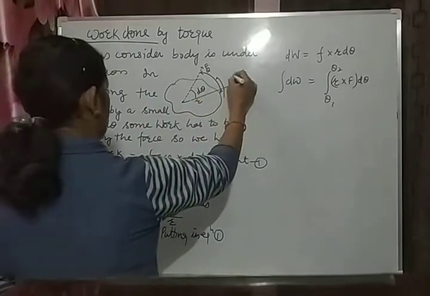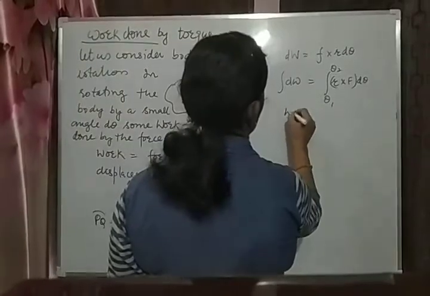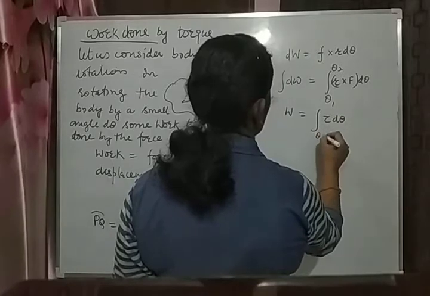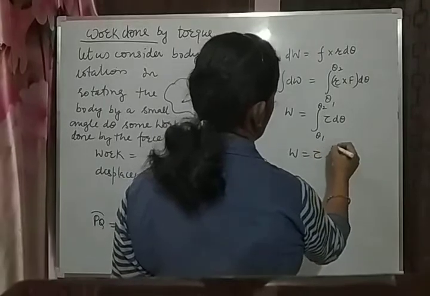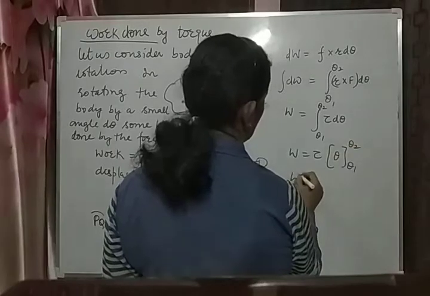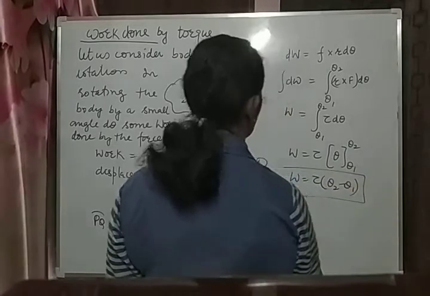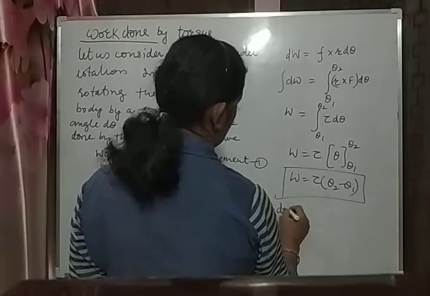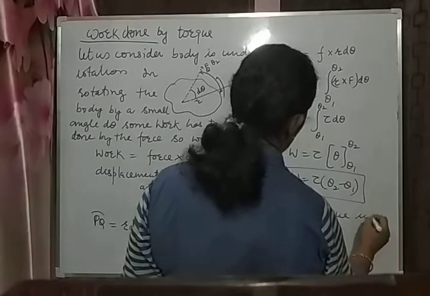Let the initial angle be theta 1 and the final angle theta 2. So the work done is tau into d theta integrated from theta 1 to theta 2. Tau is constant, and the integration of d theta is theta 2 minus theta 1. So the work done is tau into (theta 2 minus theta 1). This is the work done by torque in rotational motion.